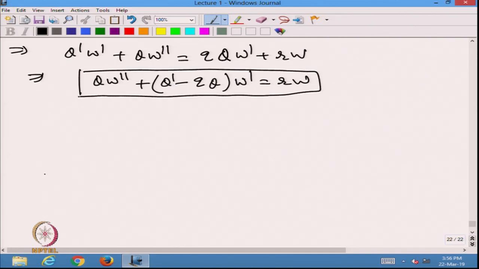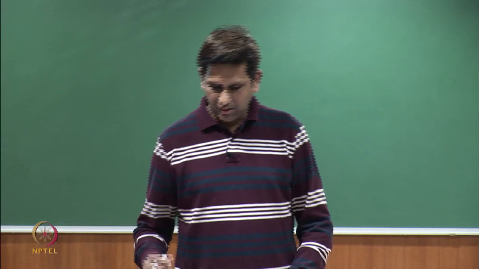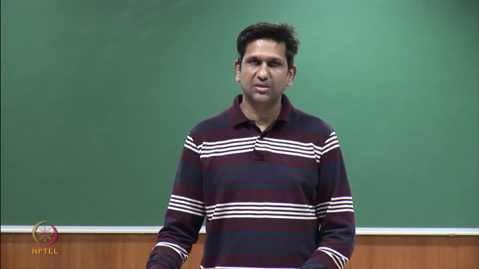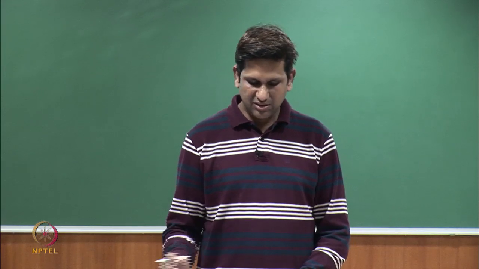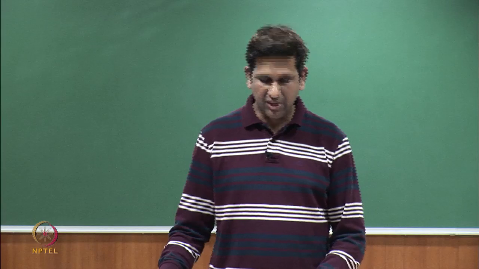So, this is a linear second order differential equation. We will do that further in the next few lectures, how to solve the second order differential equation, but this is another way of solving the Riccati equation.